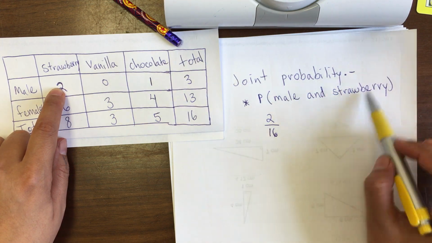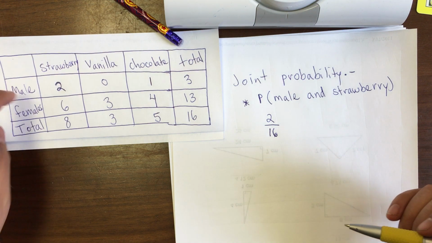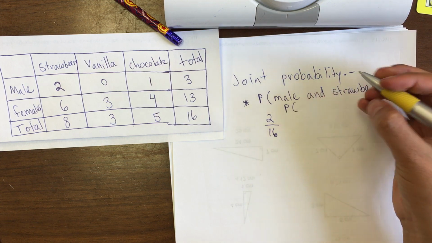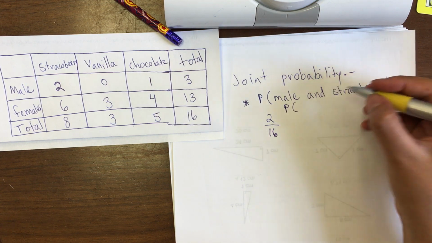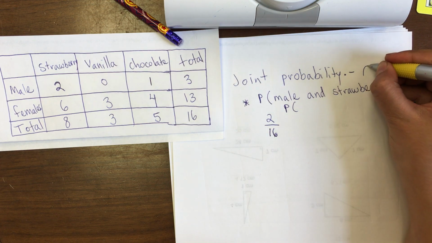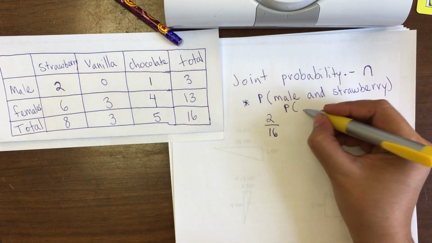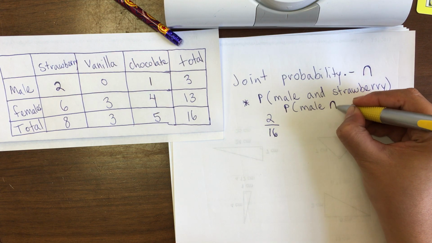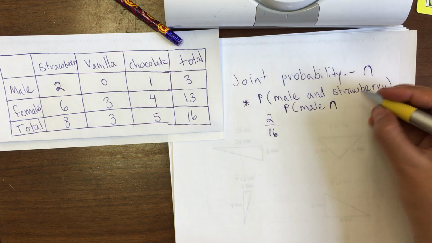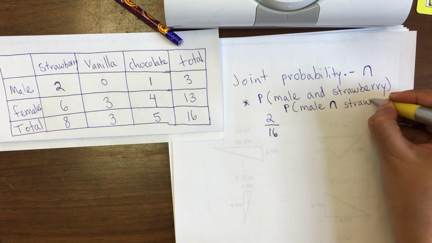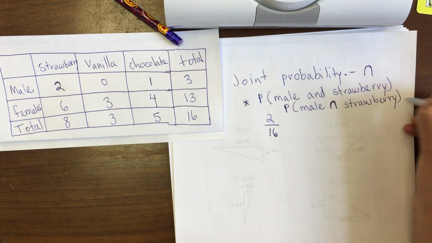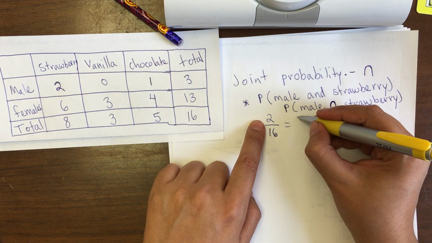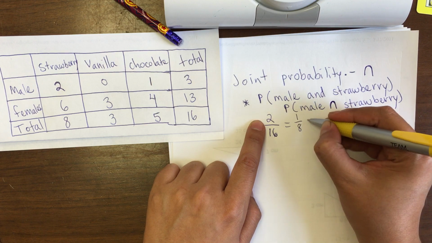They belong to both of these categories. Another way to write the symbol that we use for this joint probability is like this. We can say probability of somebody being male, and instead of writing the word and, we just write this symbol, liking strawberry ice cream. So again, we said that it's 2 out of 16. If we simplify that, that would be 1 out of 8.